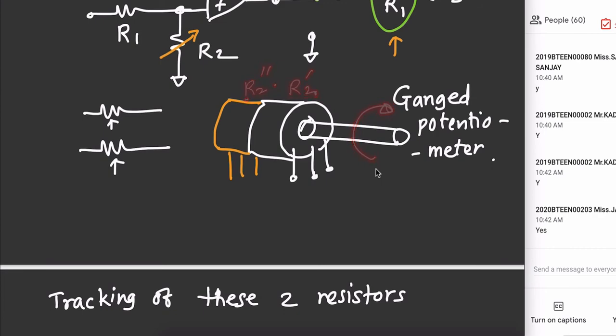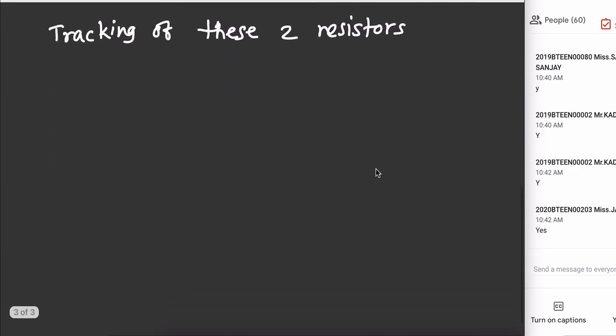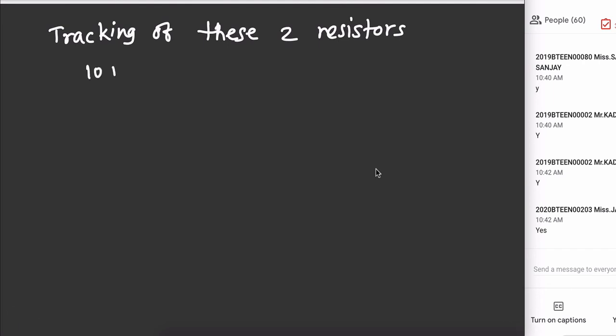But this may not happen. There may be some minor difference, and that minor difference is difficult to track. So if both the resistors are 10K, and one resistor is adjusted to 5.6K, the other resistor may be slightly different, something like this. So there is a difference between these two. So a tracking problem may occur.